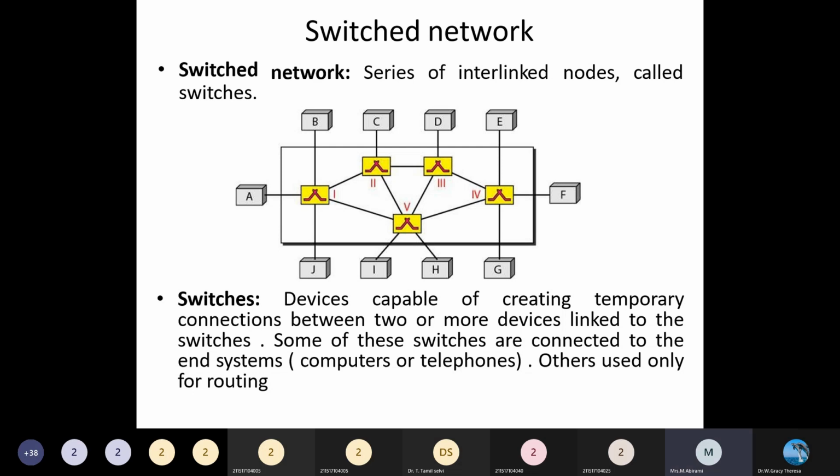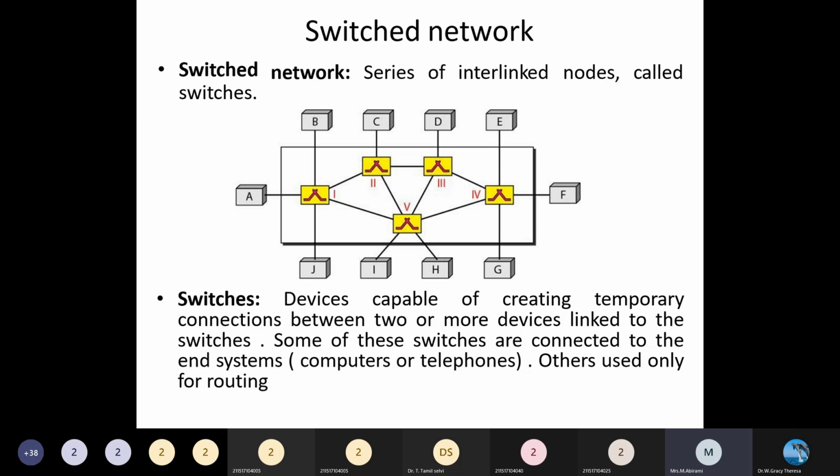We have to decide on fixed data. Fixed data can be transferred at a time in a switching technology. We can select the path by which data is sent fastest from source to destination.